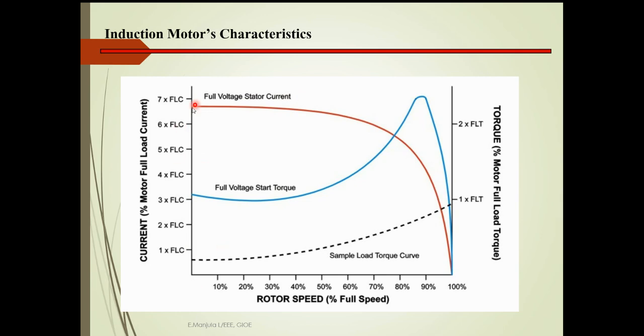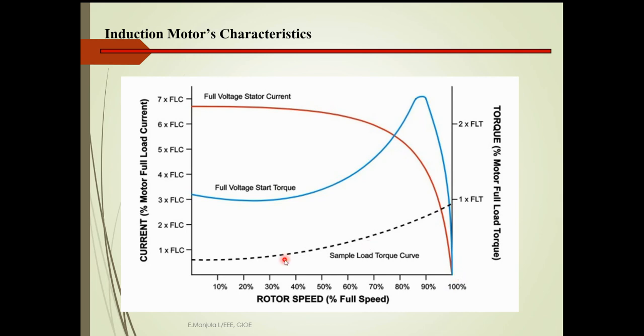So the stator current is high when speed is zero, and it decreases as the speed increases, and it reaches zero when the rotor reaches ns.